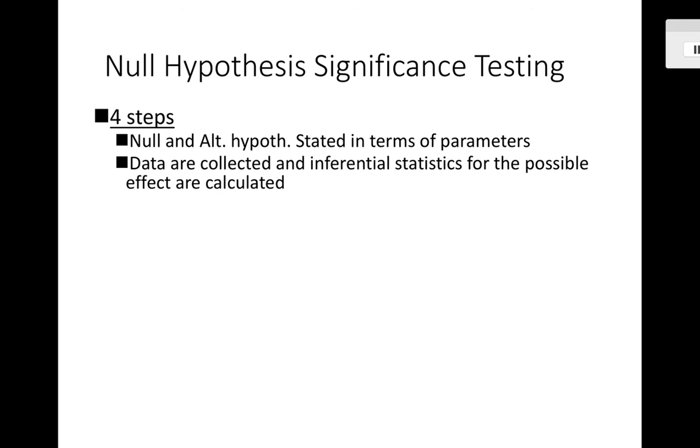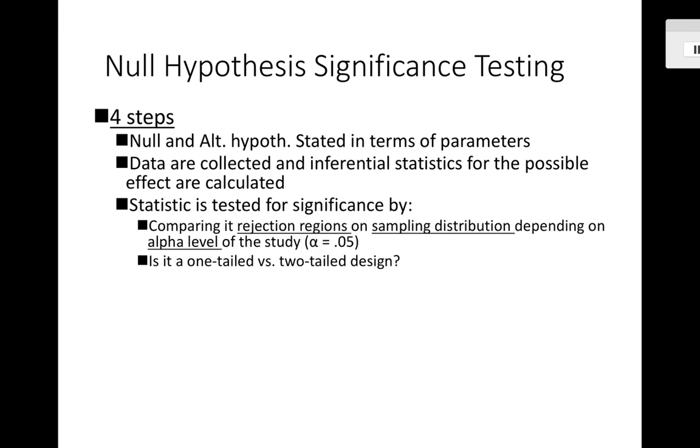So here, that other statistic is completely useless to me, so I don't need to calculate it. I only calculate statistics that are relevant to me and that are useful for me to answer my question. Now, once I've collected my data and calculated my descriptive and inferential statistics as needed, I'm now going to begin testing my statistic for significance.